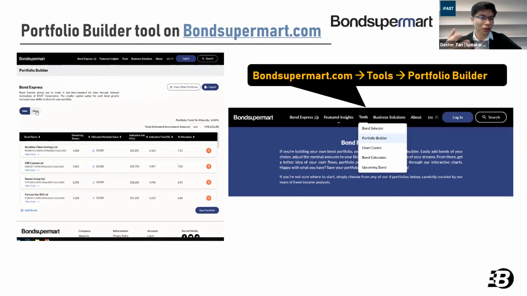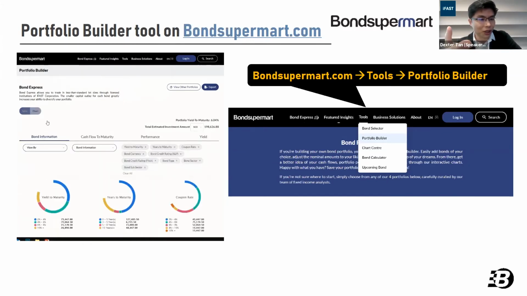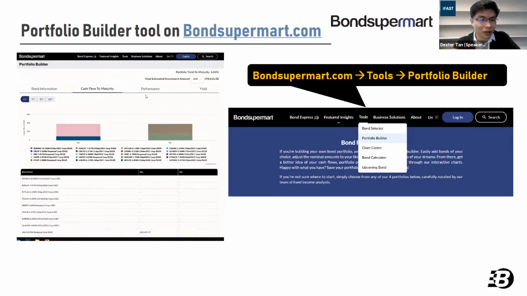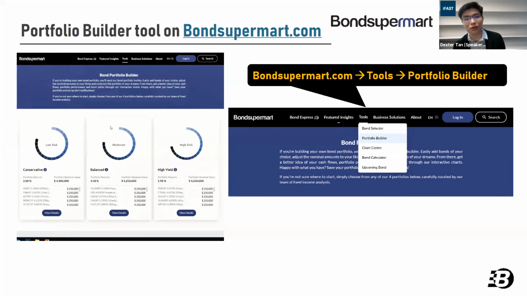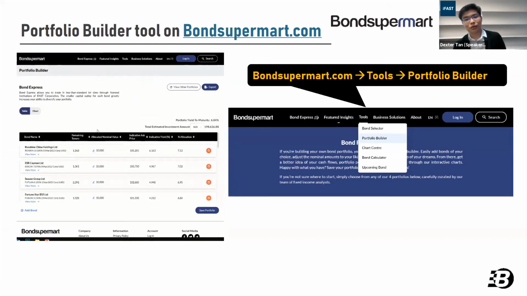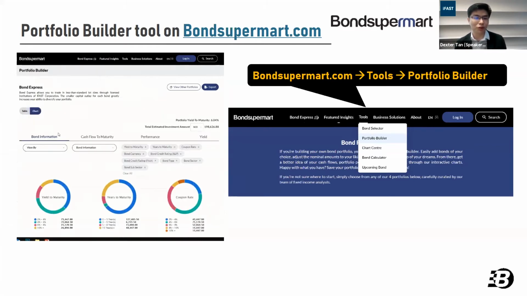As shown here, you can go to chart, and then there are the cash flows to maturities of the portfolio, and the bond information like the credit ratings. You create an account for yourself, and then you log in. When you log in, you can go to tools, and then to the portfolio builder, and build your own portfolios.